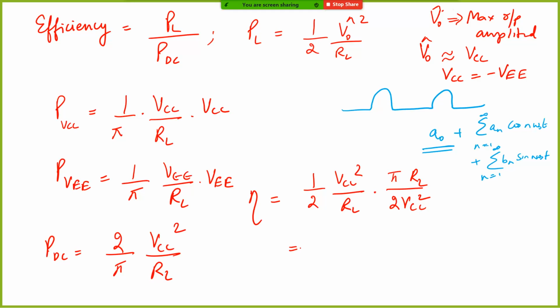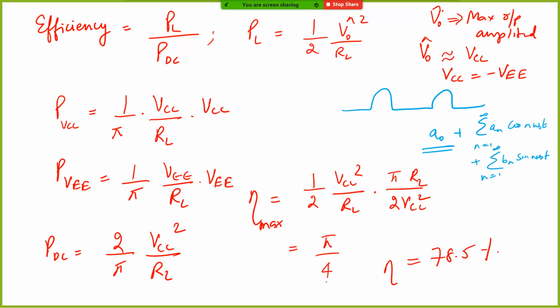Now the efficiency becomes pi by 2 into 100. Actually, sorry, you'll have pi by 4. If you take 3.14 by 4, you will get 78.5%. This is the max efficiency that we are calculating.